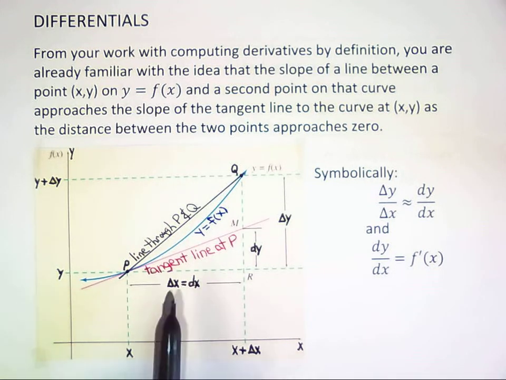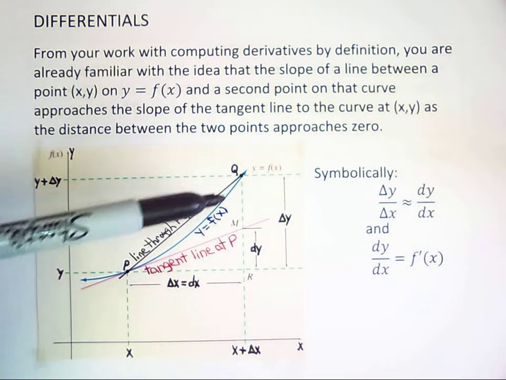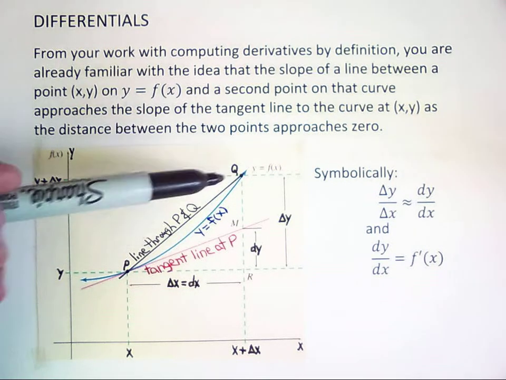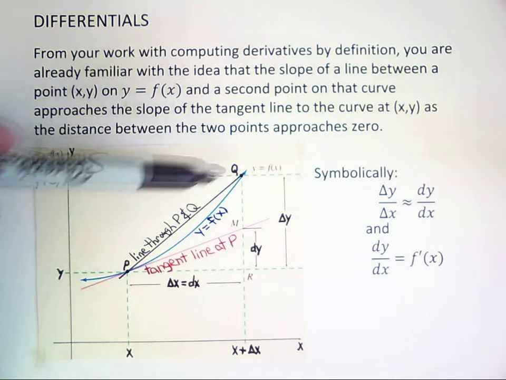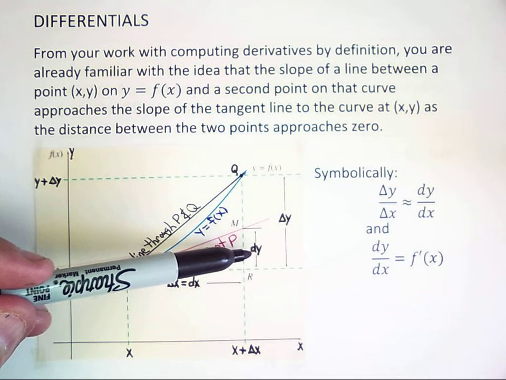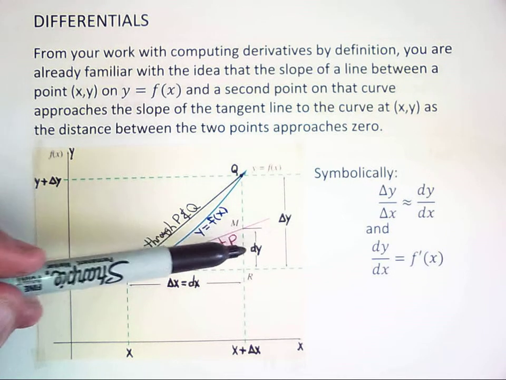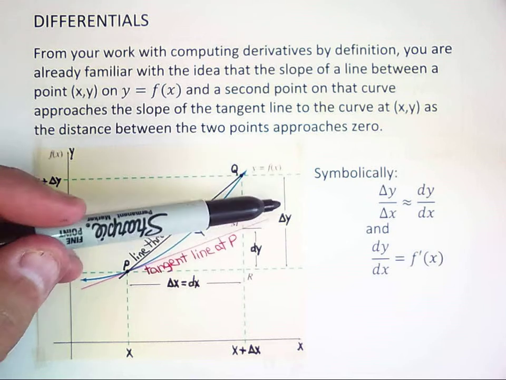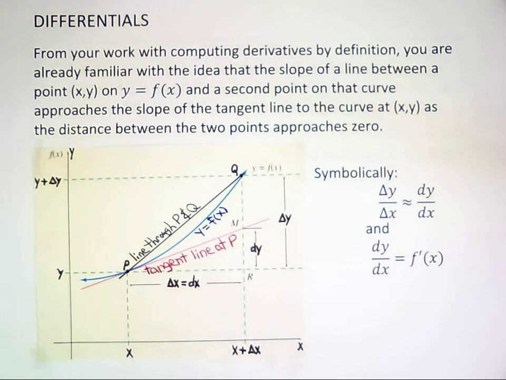One more thing I'd point out is that unless P and Q are on top of each other, in other words, as long as they're distinct points, delta y and dy are going to be different from each other, although they will be close together as long as P and Q are close together. However, delta x and dx are the same thing. That distance doesn't change whether you call it delta x or dx. It's the same for the tangent line and the line between P and Q.